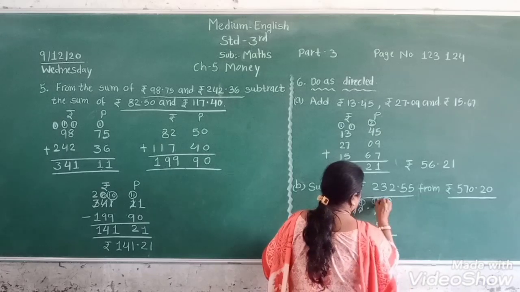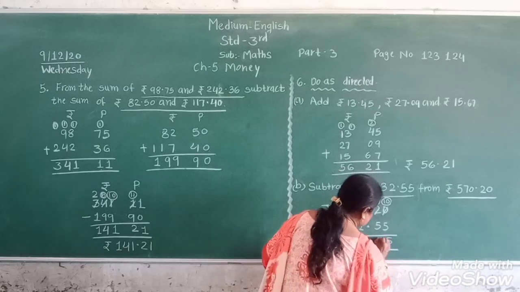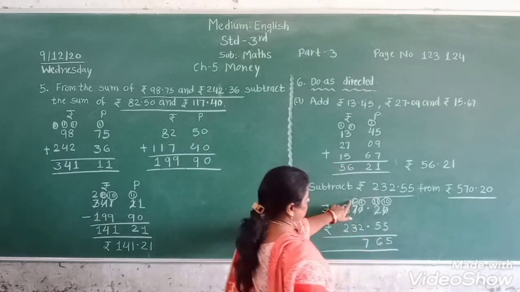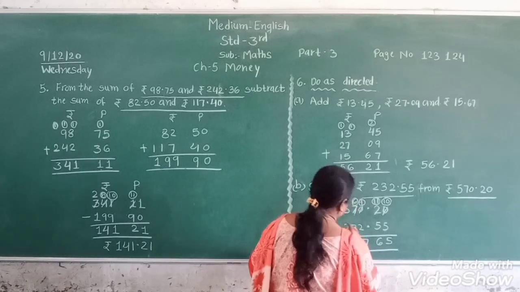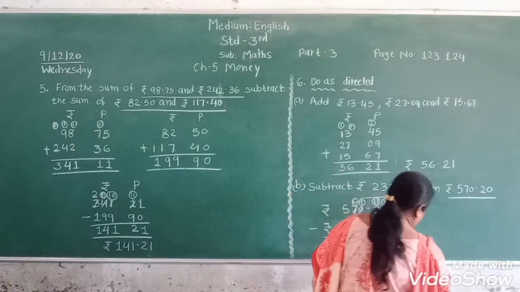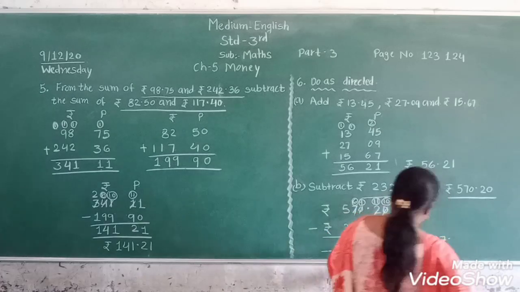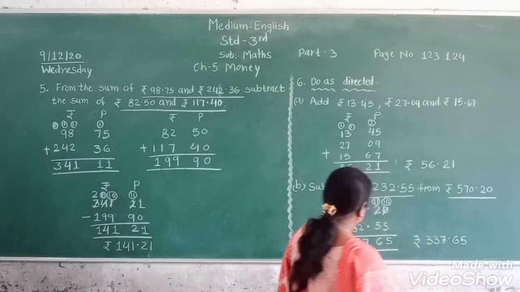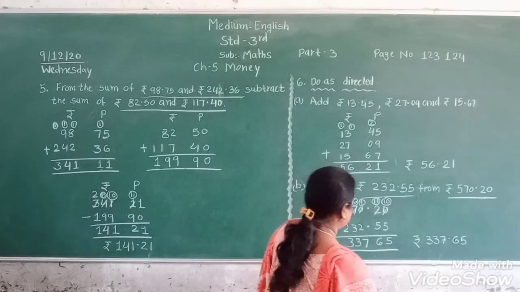Now we will do the subtraction. 10 minus 5, 5, 11 minus 5, 6, 9 minus 2, 7, 6 minus 3, 3 and 5 minus 2, 3. So the answer is 337 rupees 65 paise.